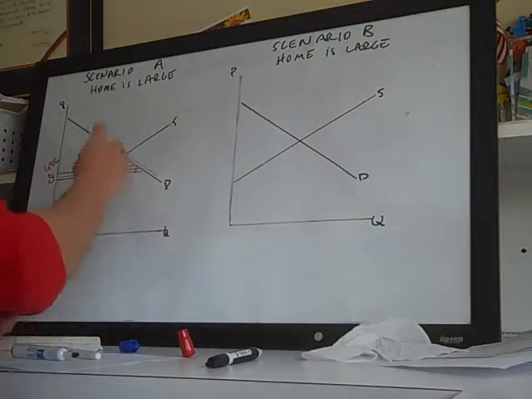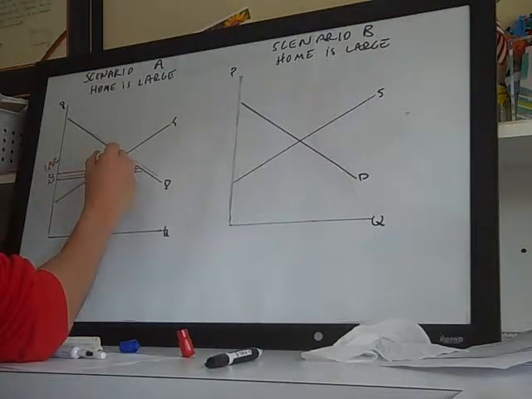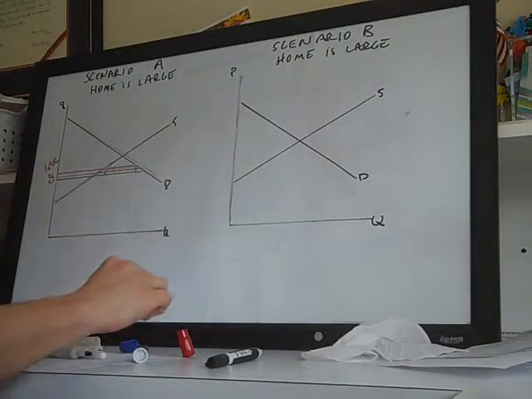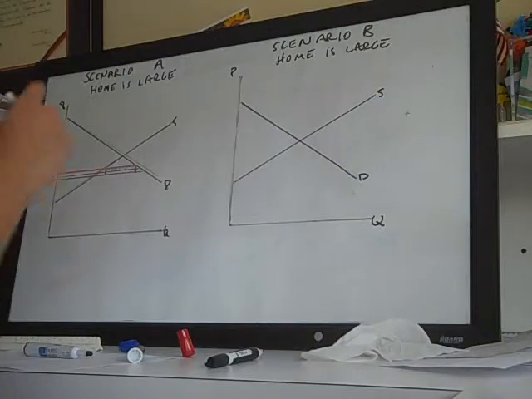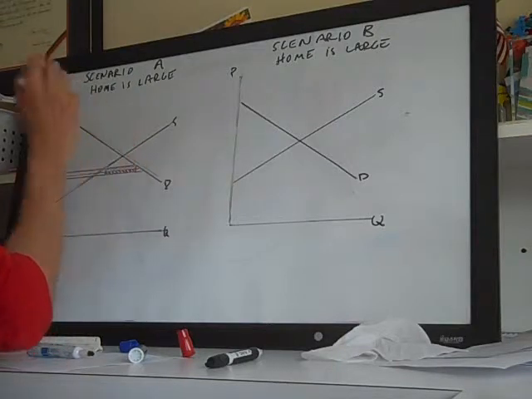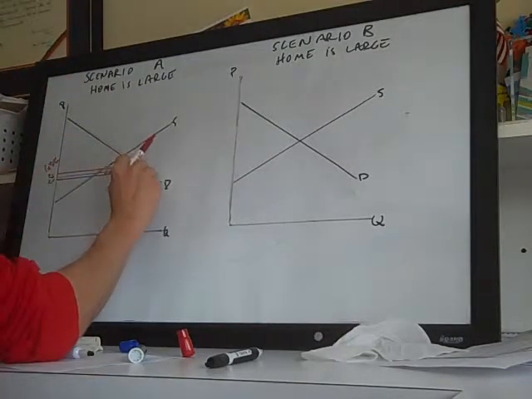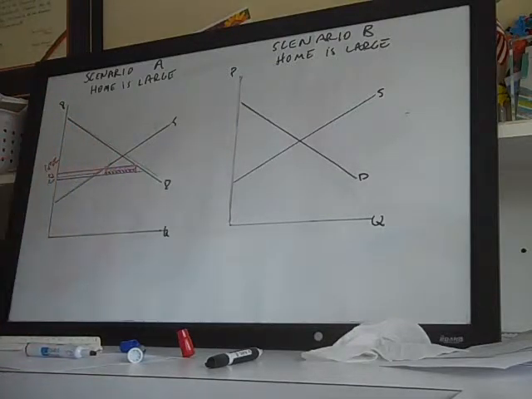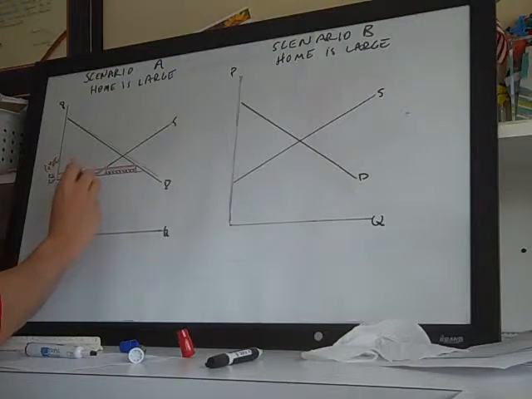This top piece is paid by domestic consumers, by home consumers, and this bottom piece is paid for by row producers. Alright, now here's the point. I'm going to erase that little line, and I'm going to erase that little line, and what we wind up seeing is this triangle and this triangle become deadweight loss.